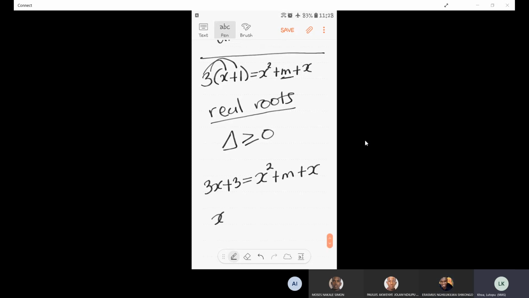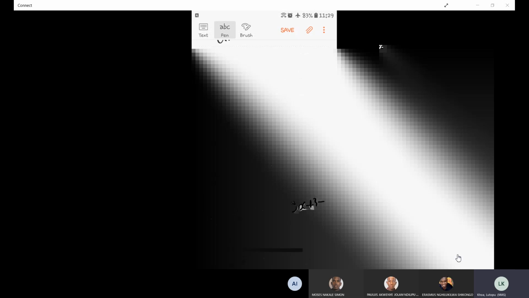We have x squared plus m plus x minus 3x plus 3, and this is equal to 0.